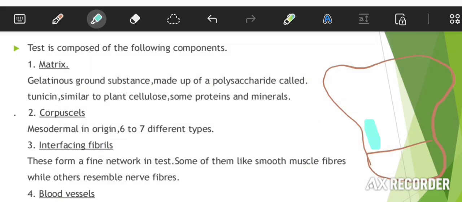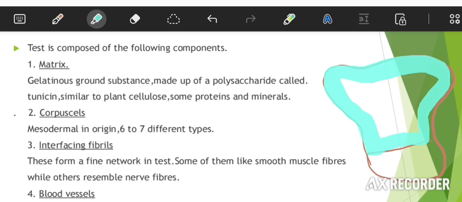Suppose this is the gelatinous substance that is present all inside the test. So this is the matrix, a gelatinous substance made up of a polysaccharide called tunicin.